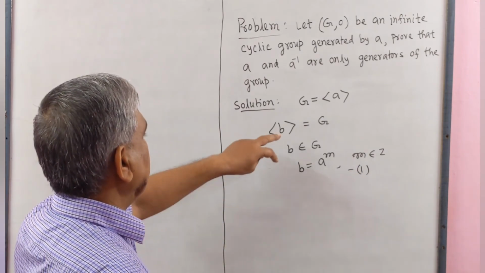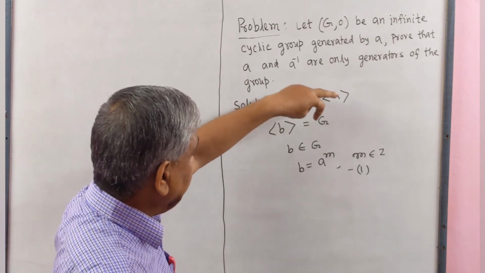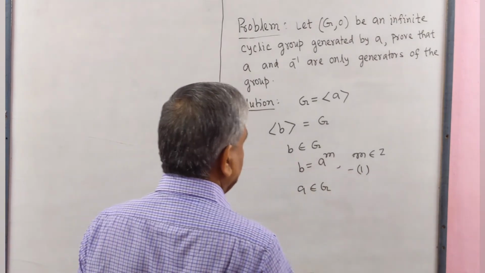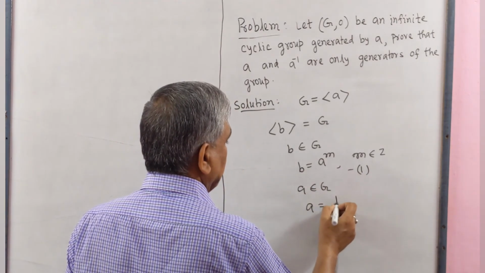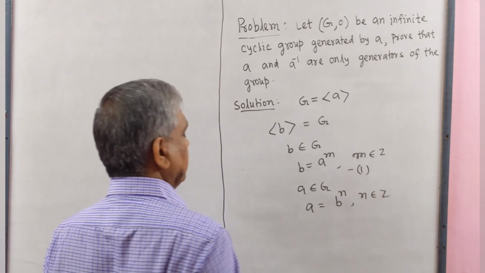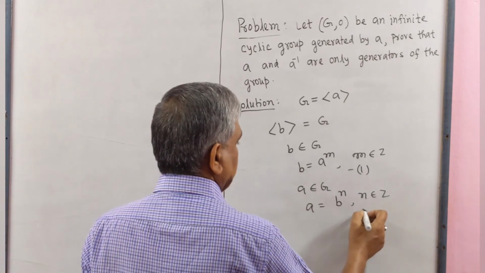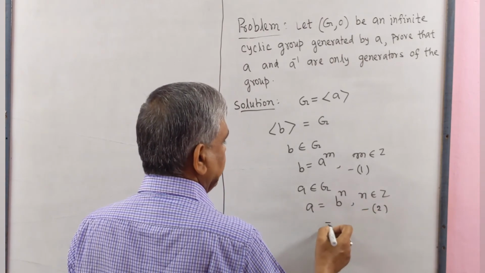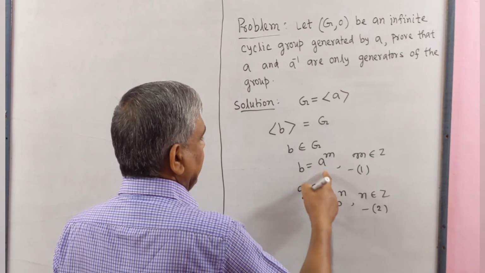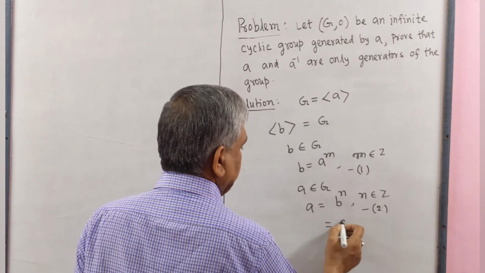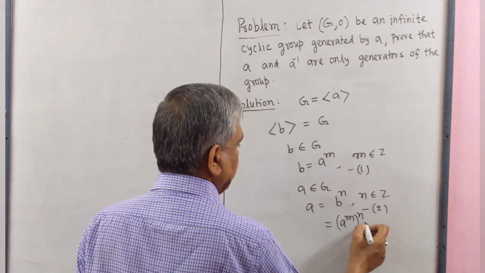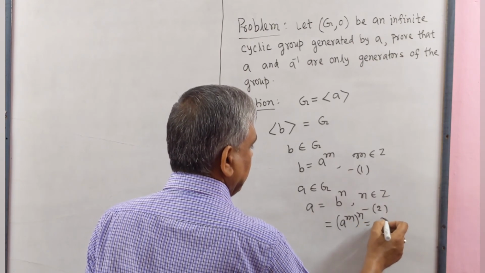Again, let B be the generator and A belongs to G. Then we may write A equal to B to the power n, n belongs to Z. This is number 2. We may write this B means A to the power m, (A to the power m) to the power n. That means A to the power mn.